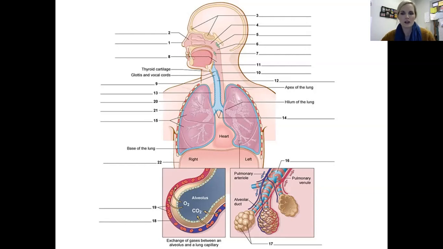Number 11, right here, you can see it's pointing to this little bitty guy right here. It's actually just a flap of cartilage that acts as kind of like a trap door.